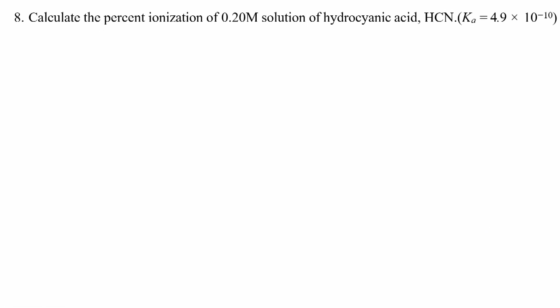It says calculate the percent ionization of 0.20 molar solution of hydrocyanic acid HCN. So, acid dissociation constant Ka is given. Okay, so HCN is a weak acid, right? So, HCN dissociates as H plus plus CN minus, right.